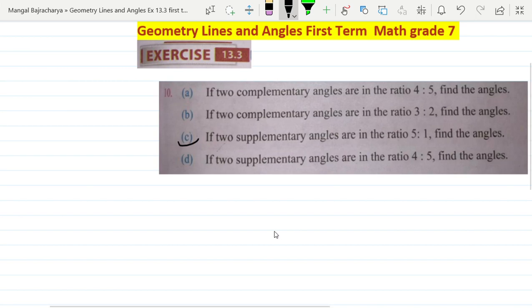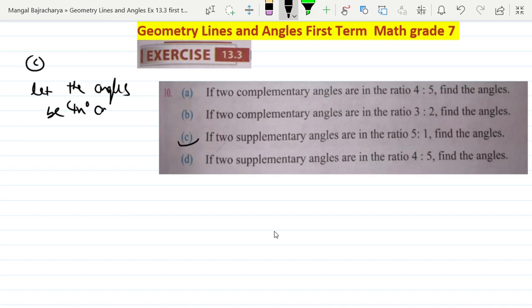So very first we have to suppose the angles. Let the angles be 5x and 4x degrees, if you wish, and as these are supplementary angles, it's obvious that their sum should be 180 degrees. So we say 4x plus x, that is 5x, equals 180 degrees.